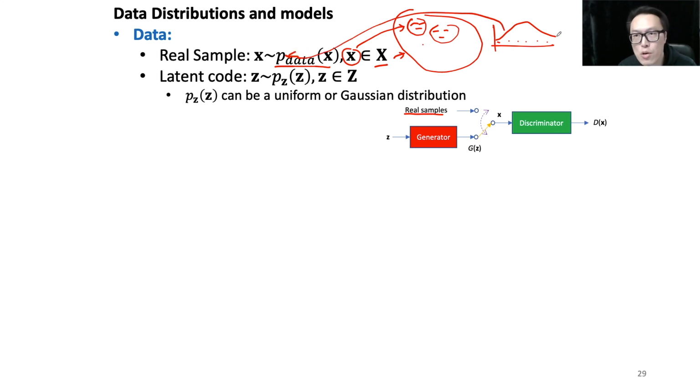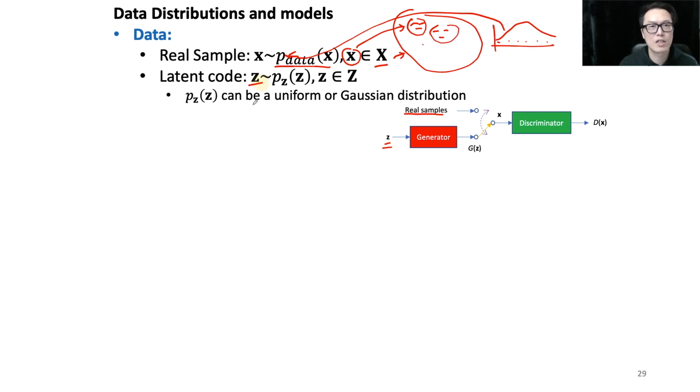So when we draw a sample from this density function, it will be one of the faces within this space, capital letter X. Now when we talk about the latent code, we move from the real samples to the generator side.